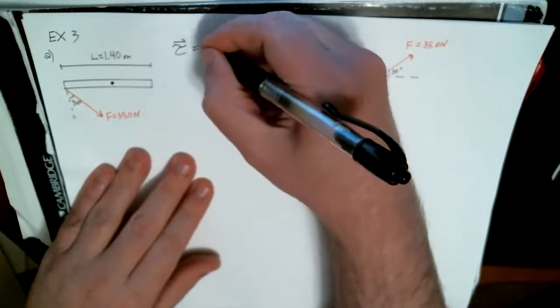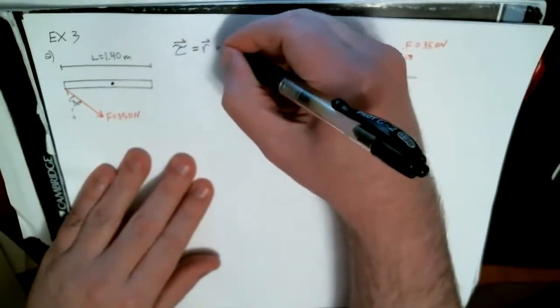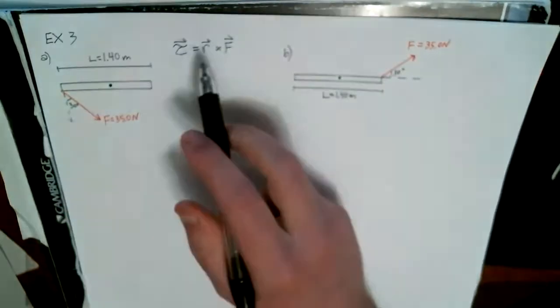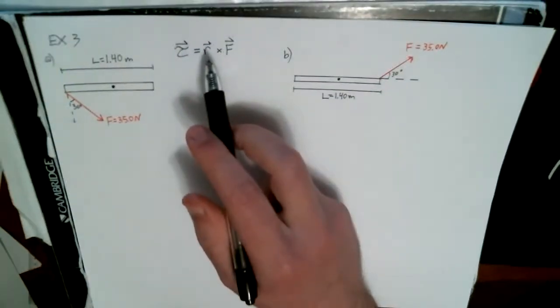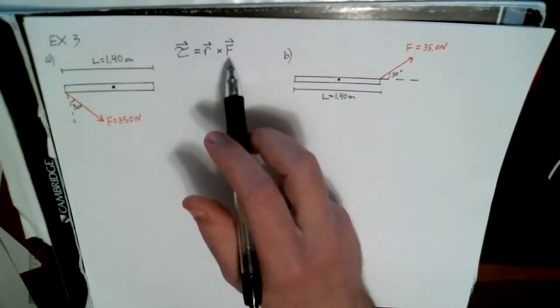Torque, which we calculate from r cross F, where F is the force applied, and r is the displacement vector pointing from the axis of rotation to the point on the body where the force is applied.